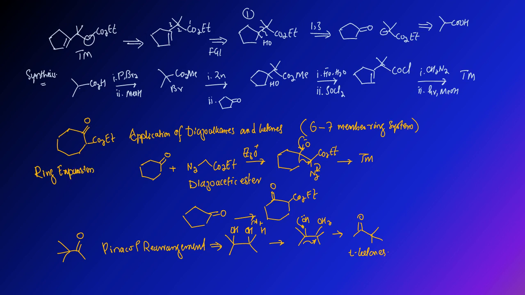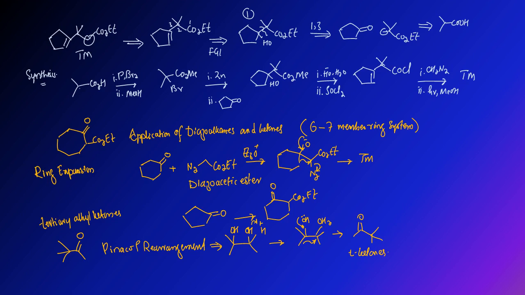So whenever we need a ring expansion, we will keep the application of diazoalkanes in our mind. And when we want to get a tertiary alkyl ketone, we should have pinacol rearrangement in our mind.